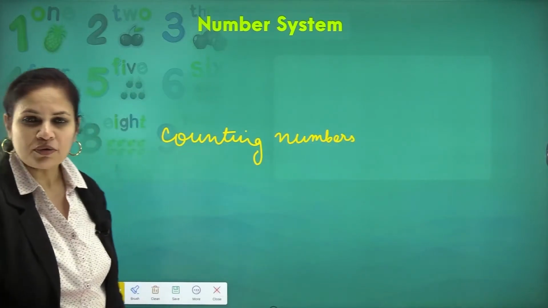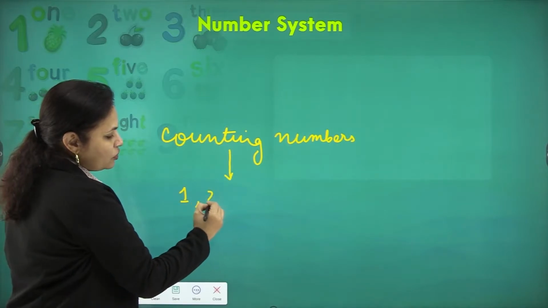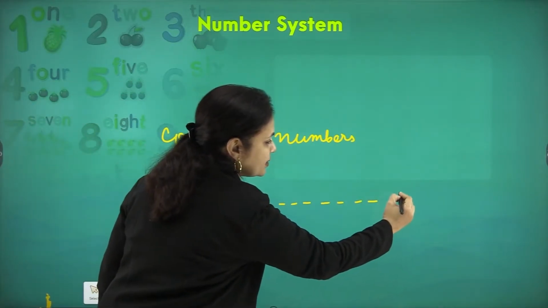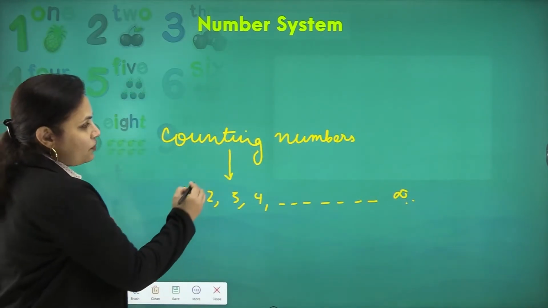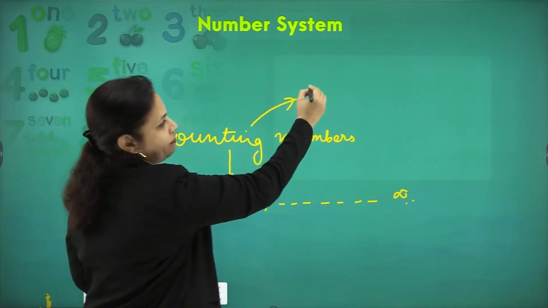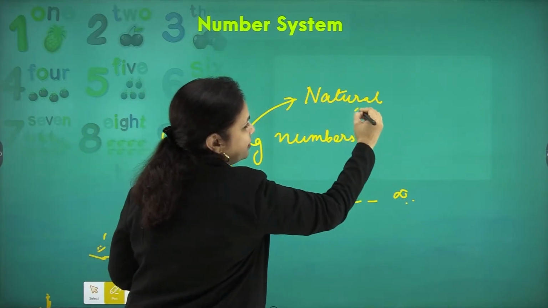So what are these counting numbers? The counting numbers begin from 1, 2, 3, 4, and so on till infinity. This set of counting numbers, we grouped them and taught you as a group of natural numbers.